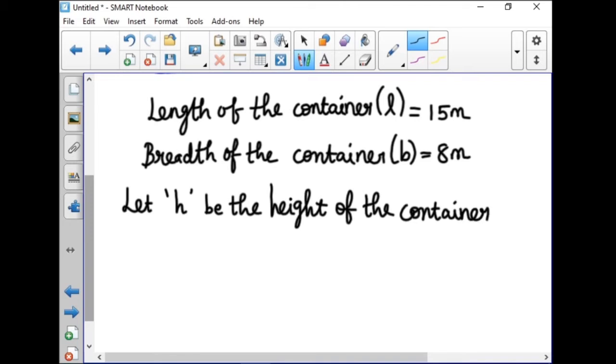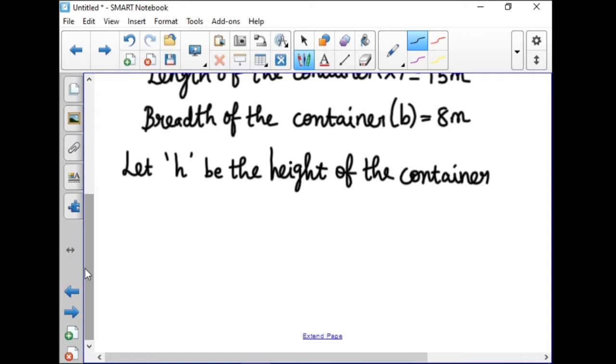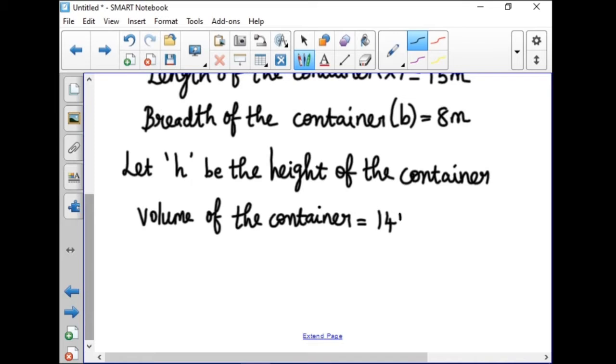And one more value is given, that is volume. Volume of the container is equal to 1440 meter cube. So we know that it is a container, which means it's a shape of cuboid.